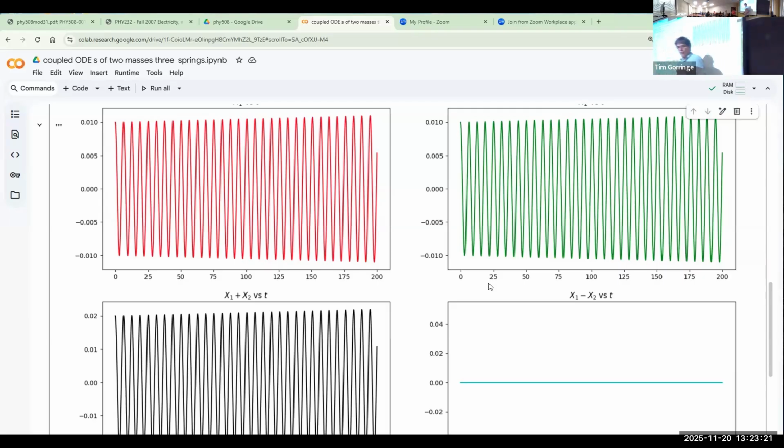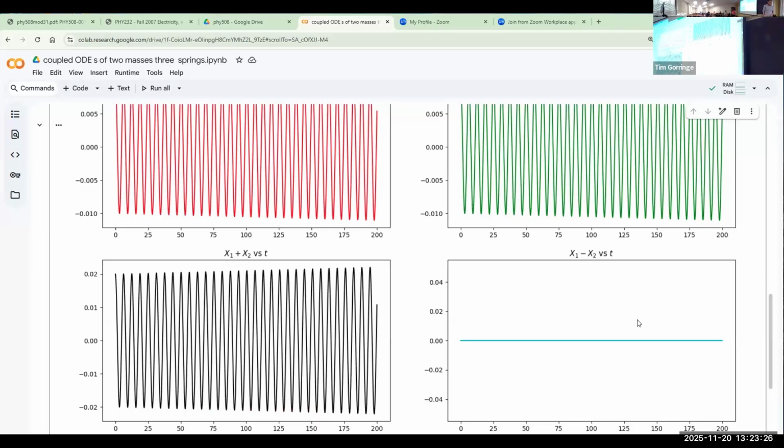Another way of seeing it, very clearly, is to look at these lower plots. In the normal mode with the lower frequency, the masses are swinging like this, to and fro. The separation between the masses is the same. They have the same amplitude, they're in phase, so the separation between the two masses is the same.